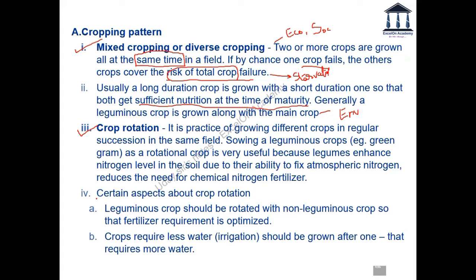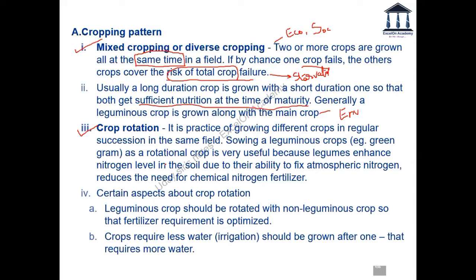Now, what are the things about crop rotation and why is a leguminous crop used? Once again, what are we doing here? If you actually look at it, we are helping the soil regain its fertility through natural means. That is what growing a leguminous crop does, right?